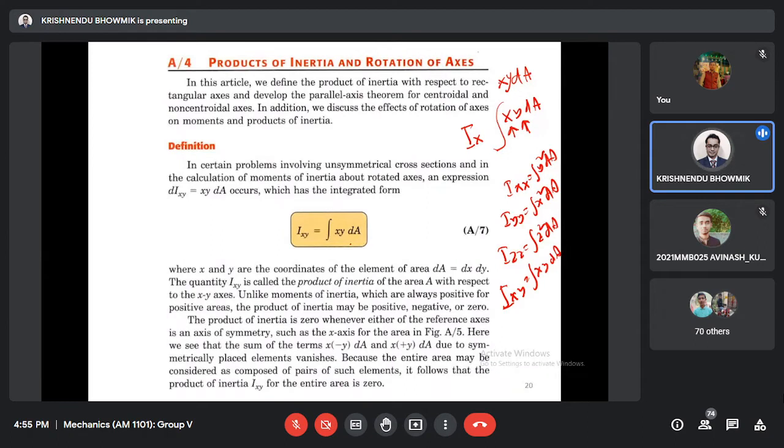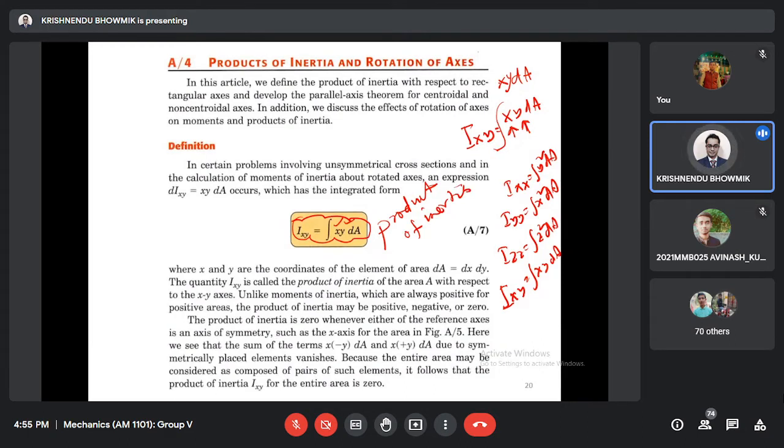So this is the format. What we can notice is that one is with respect to x, other is with respect to y. We call this by a new name: product of inertia. Product of two distances, both x and y.